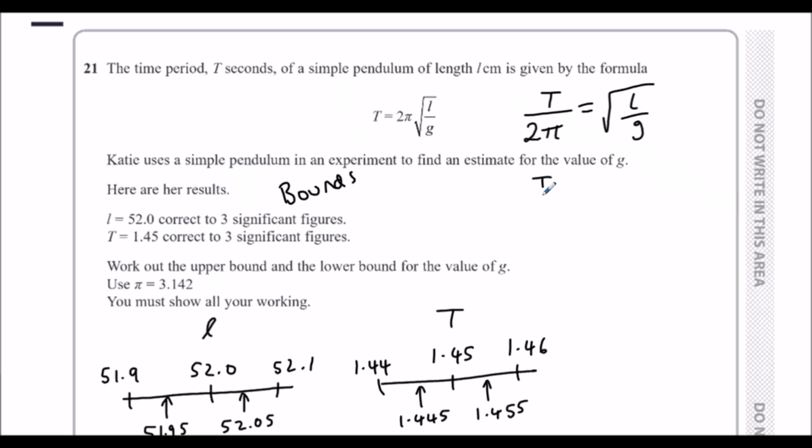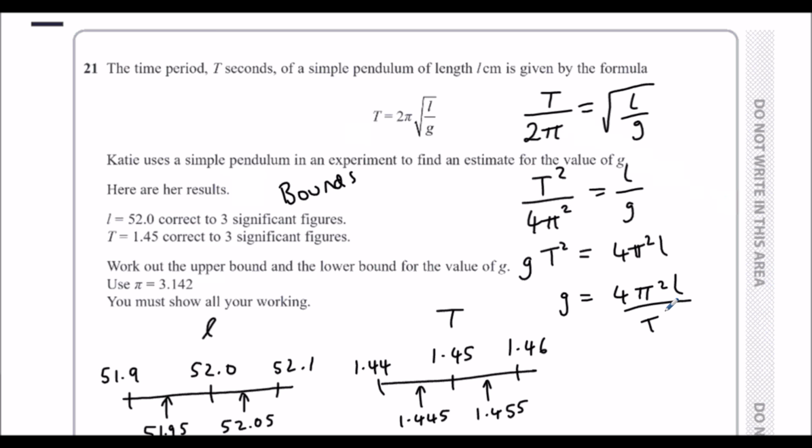So t squared over 2 pi times 2 pi, which would be 4 pi squared, and that's L over G. So then times both sides by G, and times both sides by 4 pi squared. So G times t squared equals 4 pi squared times L. And then we'll get G by itself by dividing by t squared.